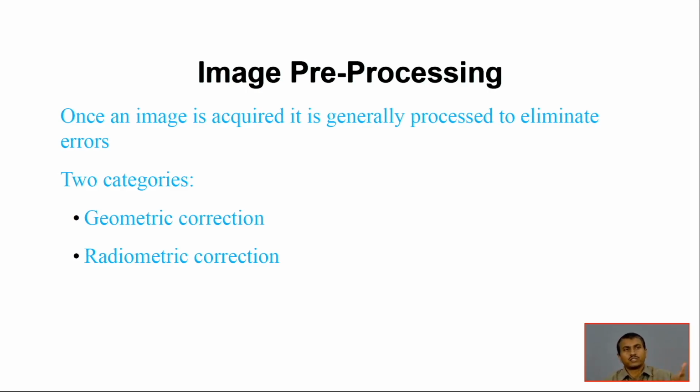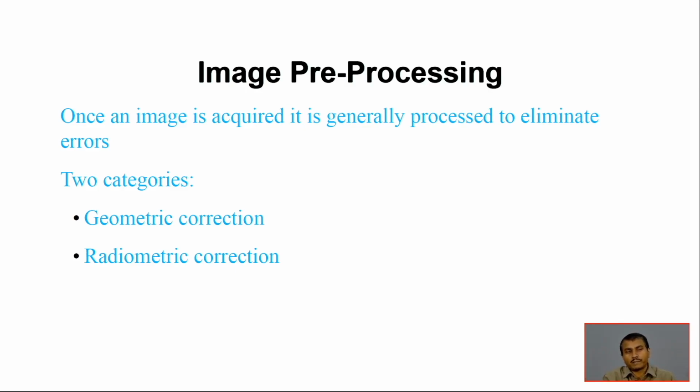The satellite captures the image of the mines, and from the satellite to the surface there is atmosphere. So, the atmosphere is going to play an important role in the accuracy of the image.